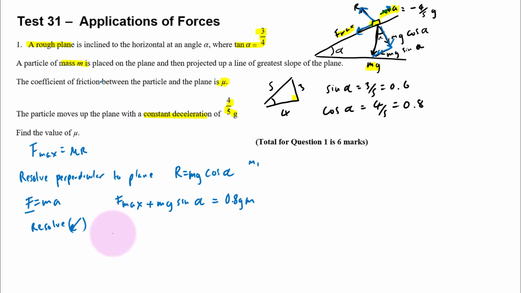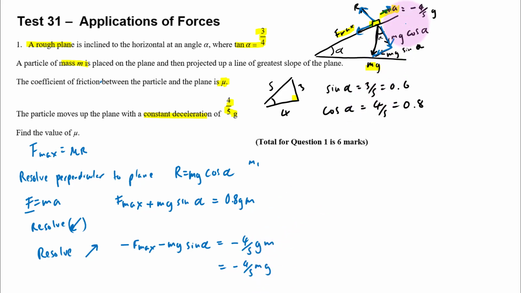If you are resolving, and this is just for understanding, with that way as the positive direction, so we've got minus F max minus mg sine alpha equals minus, now I shouldn't use just a fraction there, 4/5 or 0.8 g, m or mg, it doesn't really matter, like so.